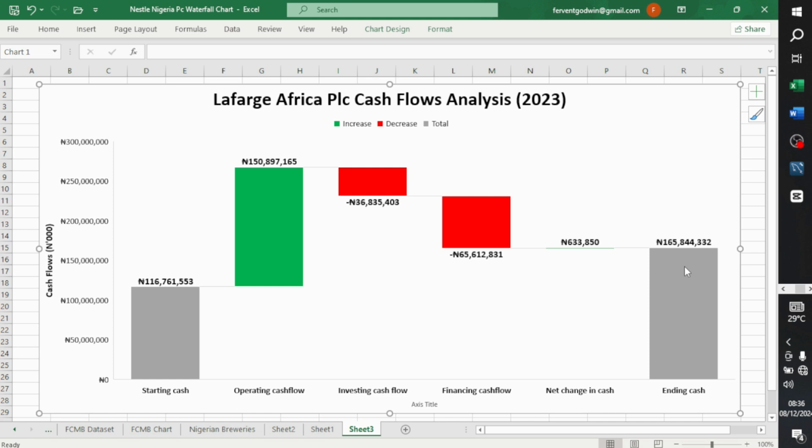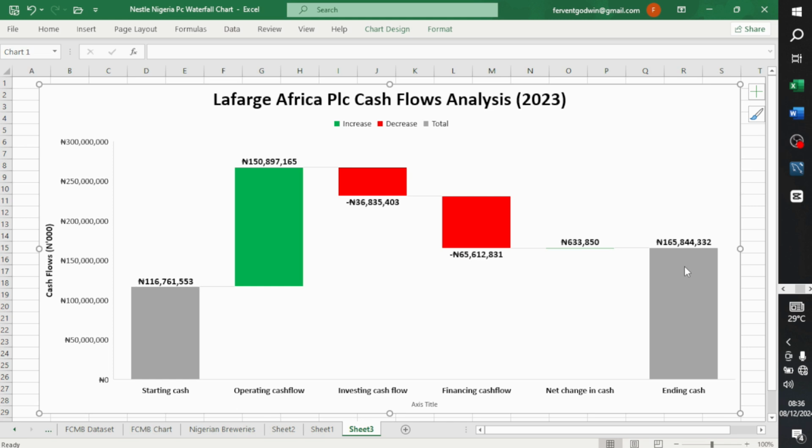Before we start looking at numbers, I just want to give a little info on this. When we add together the operating cash flow, investing cash flow, financing cash flow, and the net change in cash, we get a particular value for that year.